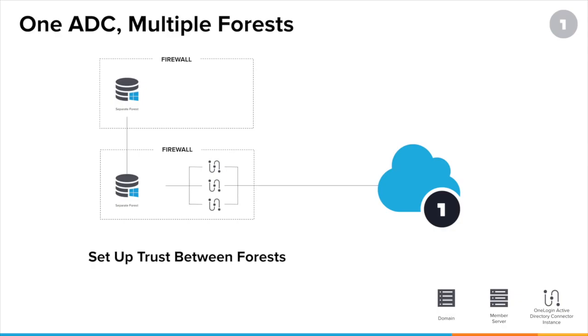So like the ability to create user accounts, update user accounts, or reset their passwords, that kind of delegated admin stuff, if you want all the syncing to go through a single Active Directory connector that is connected to one of those forests.